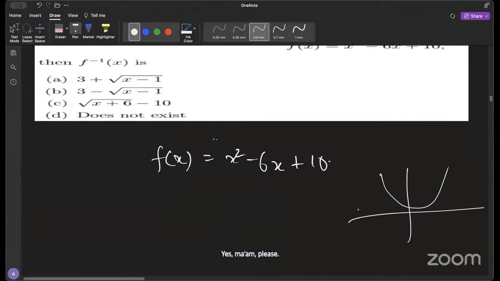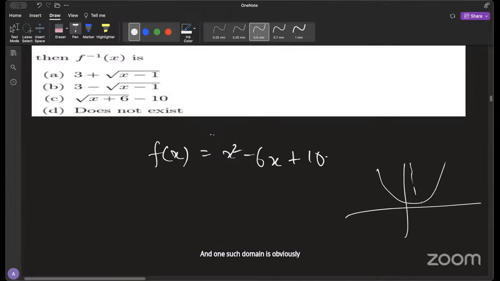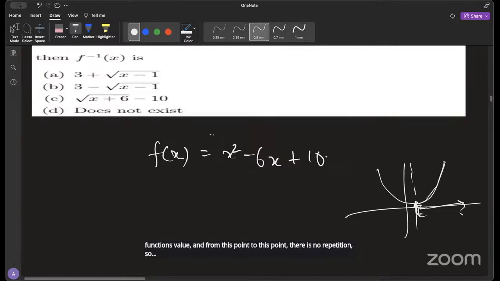To find the inverse of this function, you know that for this entire function the inverse cannot exist. So you'll have to restrict it to a domain where this function is one-one, because this is not a one-one function. One such domain is, if this is the vertex, from this point onward there is no repetition of function values. So it's ideal to take this branch.